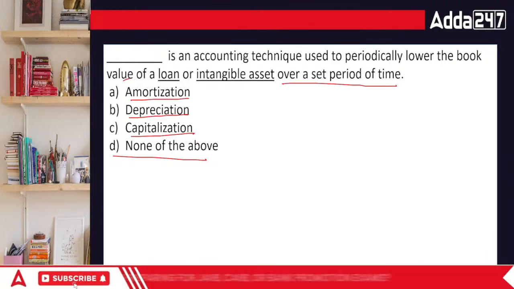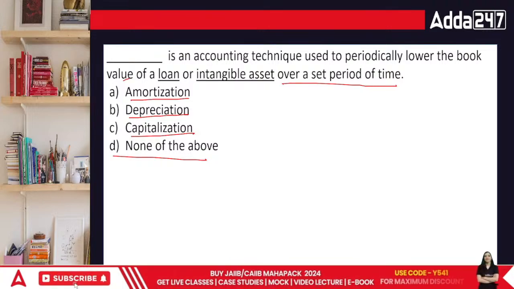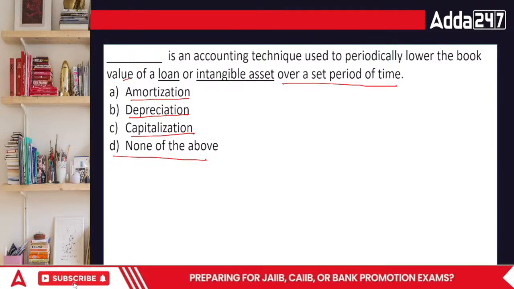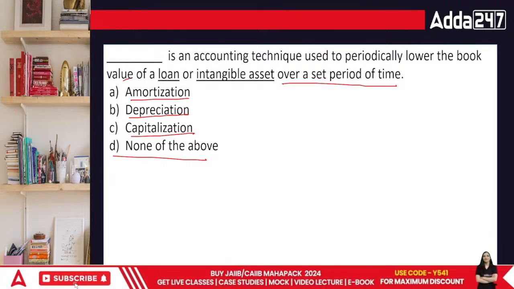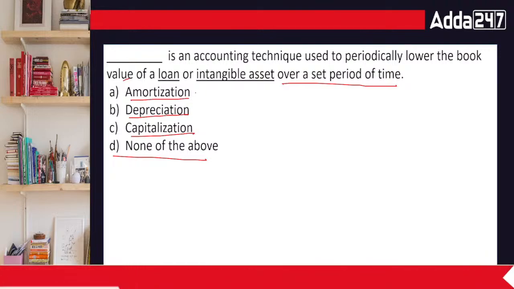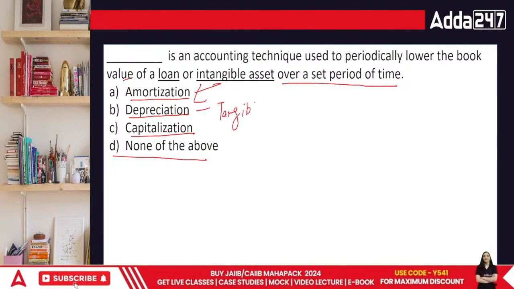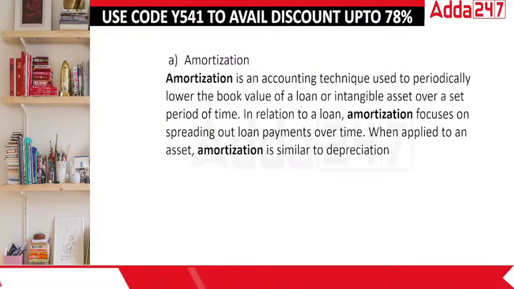Normally, whenever we see this point, it is always depreciation, because depreciation is the reduction in the value. But in this case, it is based on only one thing, which is amortization, because depreciation is on tangible assets, and on intangibles we have amortization.